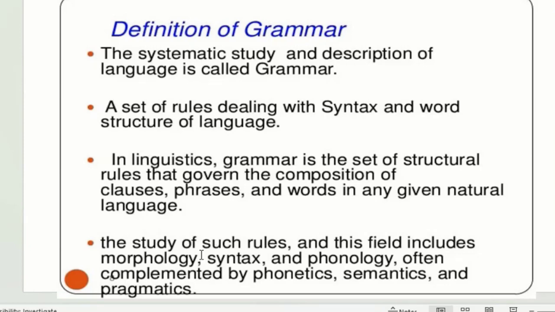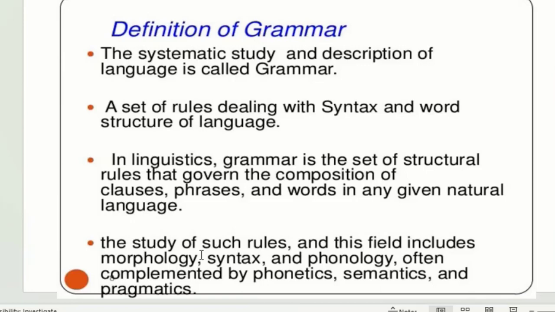Today's class is about grammar. So the systematic study of description of language is called grammar. A set of rules dealing with syntax and word structure of language, it's called grammar.